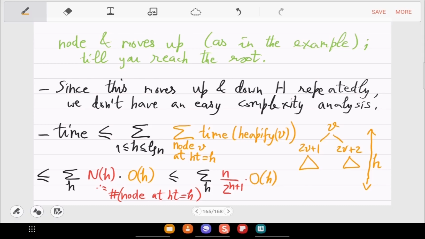So this comes from the fact that our pseudocodes will always maintain the complete binary tree skeleton. Any questions? Then what is this sum now? This is just a simple calculation.